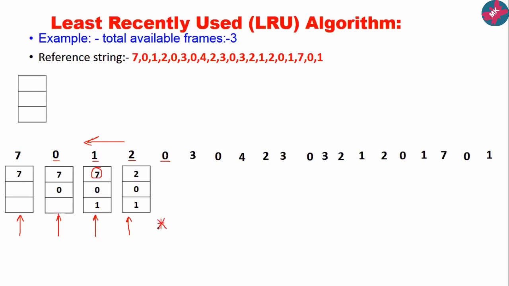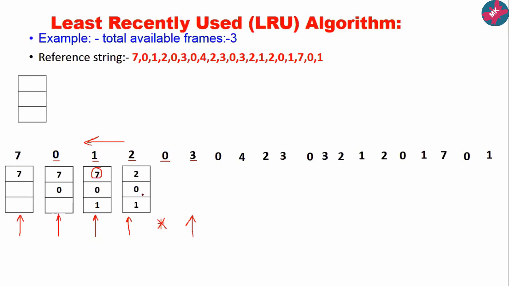Now the next page number is 3. Obviously 3 is not present here, so it will lead to a page fault. Now the question is which page needs to be replaced. So again let us observe the content of the frames. 0 was recently used, then 2 was used.